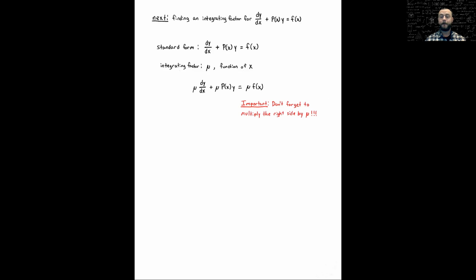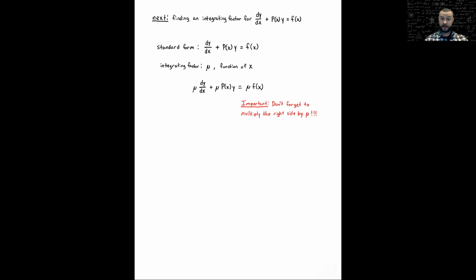Start off, multiply the whole equation by mu. All right. This is going to be what you do in your work in solving linear equations. And we're going to continue with this through the derivation, the proof of where mu comes from. So start off, multiply standard form, the original ODE, by mu.